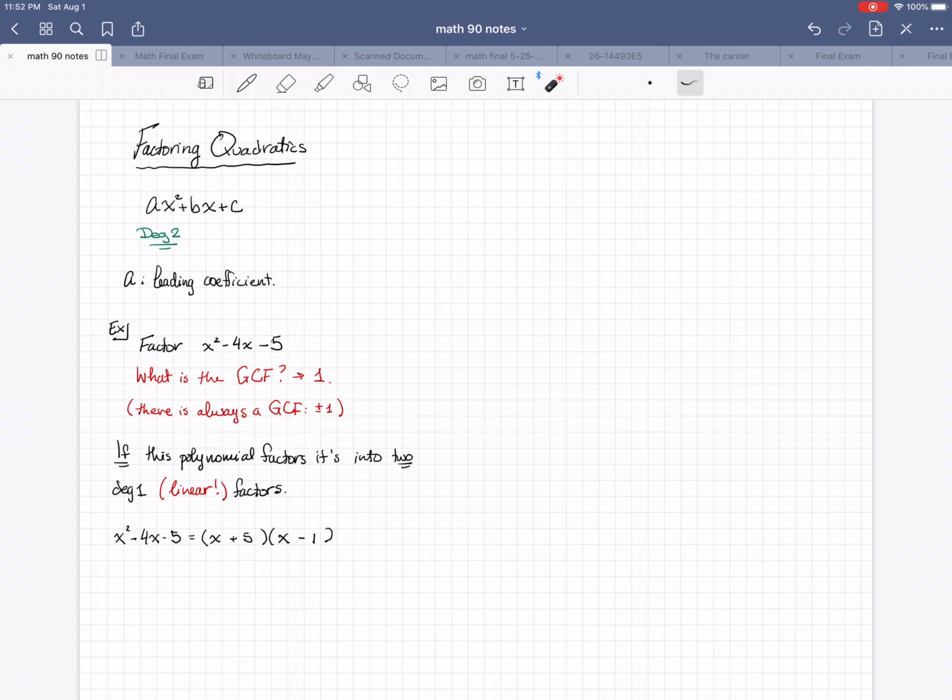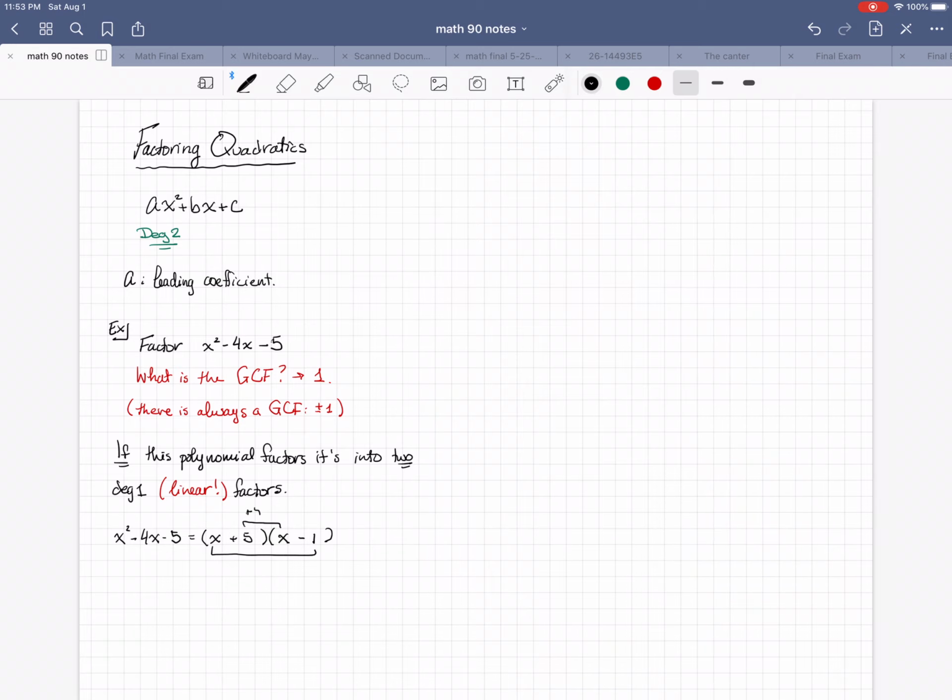So let's see. If I have x plus 5 times x minus 1, and I were to distribute that out, remember distributing means everybody gets multiplied by everybody. We can draw a picture about this, and we probably will in future lessons, but for now we'll make it quick. My x terms are going to come from multiplying the x terms by the constant terms.